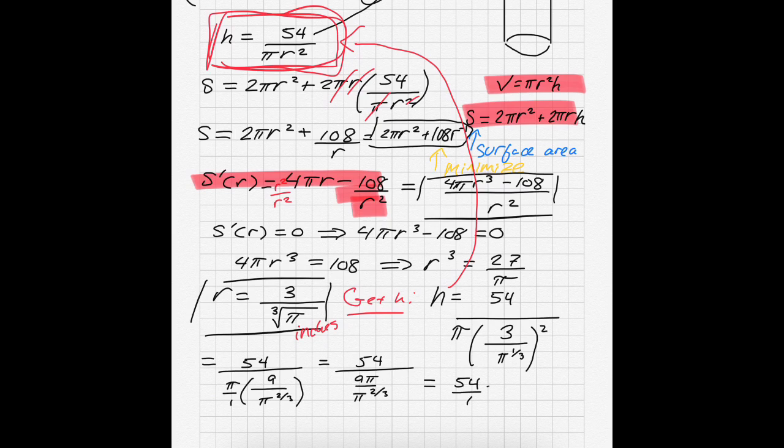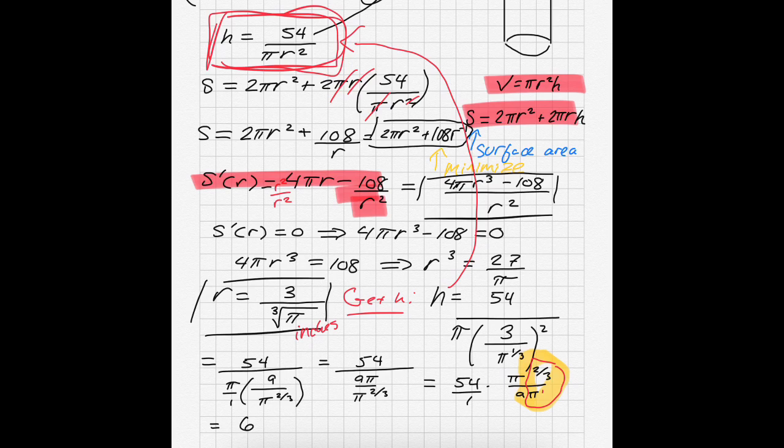So flip and multiply. 54 divided by 9 is 6. And then for the pi's, I have pi to the 2/3 over pi to the 1.